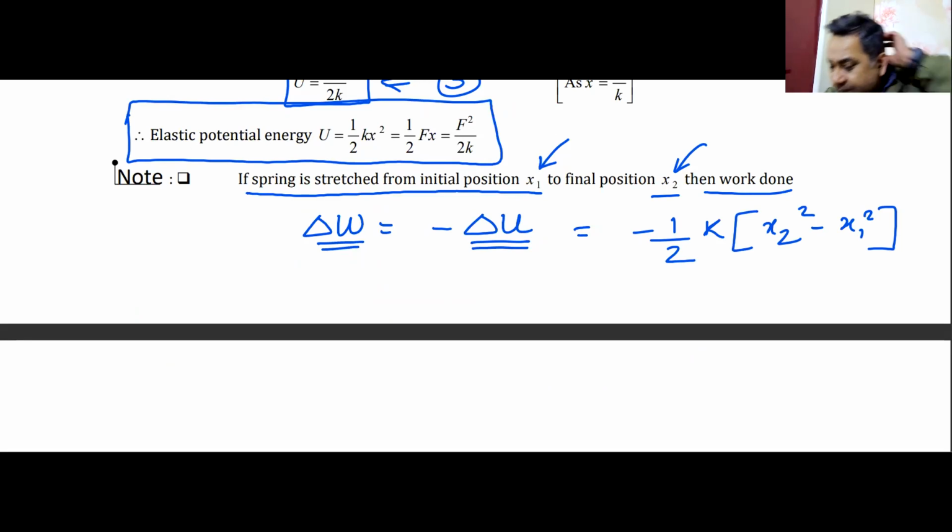Spring is stretched from initial position x1 to final position x2. Remember, this is the work done by the spring on the block, not anything else. It is minus of half k x2 squared minus x1 squared. We have done problems on this. I hope you should be able to solve it.